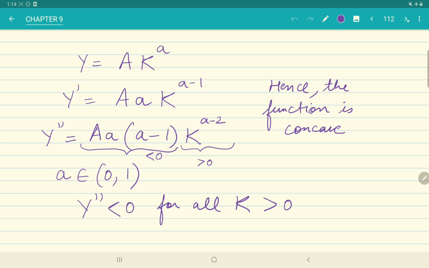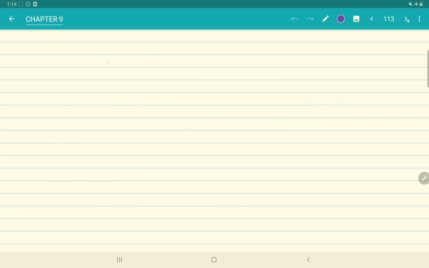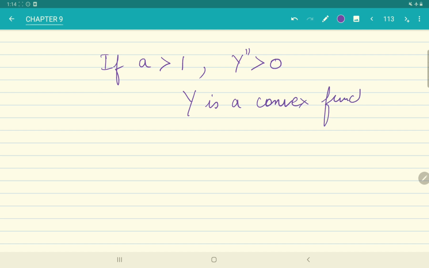Here I see that if little a is greater than 1, y double prime will actually be greater than 0, and in that case y is a convex function of k, because y double prime is greater than 0.